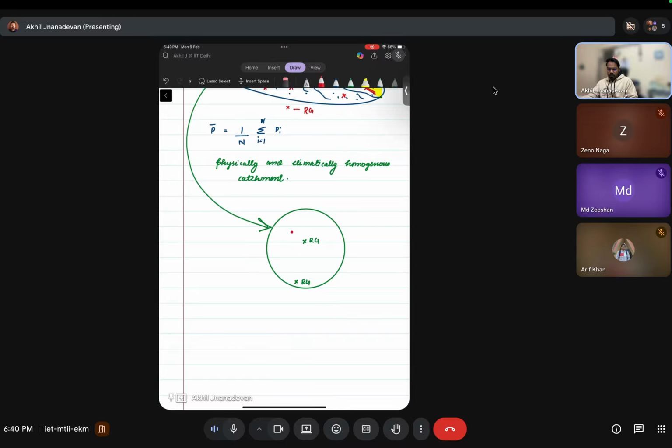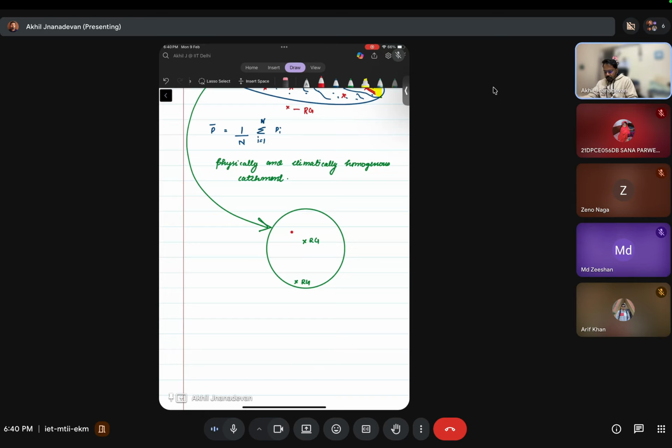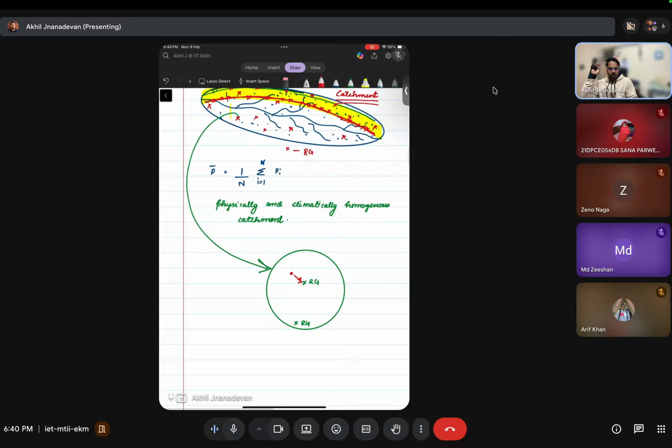The basic principle of the Thiessen polygon method is that whichever rain gauge is closest to this point, whatever rainfall is measured by that rain gauge will be the value at this particular point.